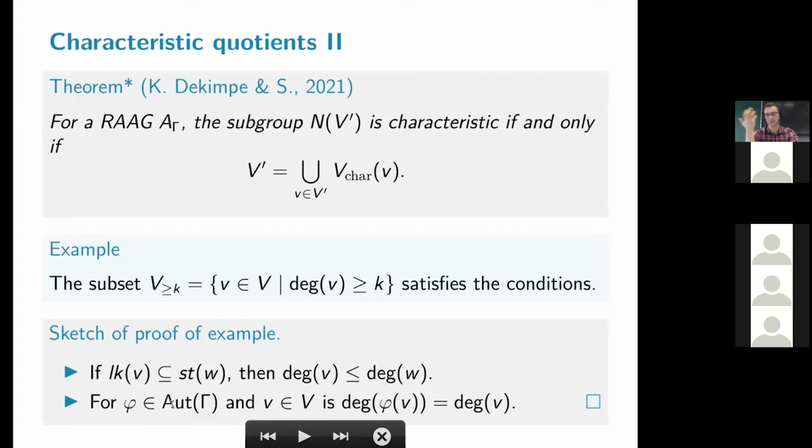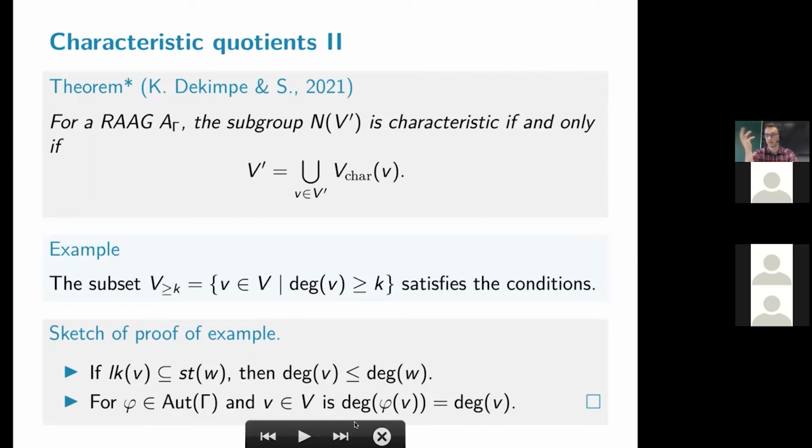And automorphisms of your graph preserve the degree. So if you apply an automorphism, the degree won't change. So you won't add any vertices of lower degree. So this one gives rise to a characteristic subgroup. For a specific choice of k, this will yield a very interesting one, but this I will talk about in the second talk.